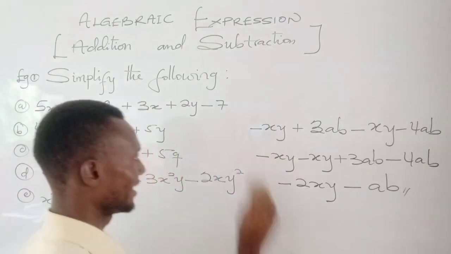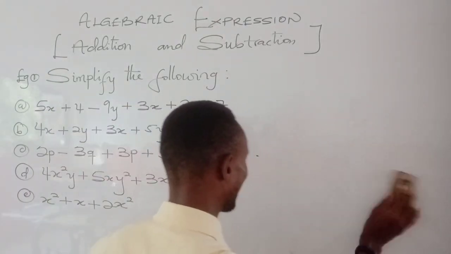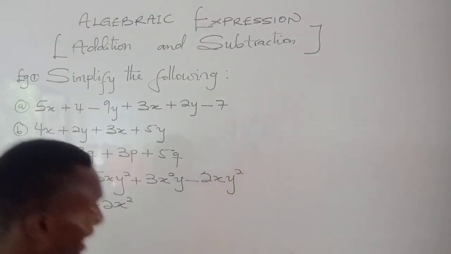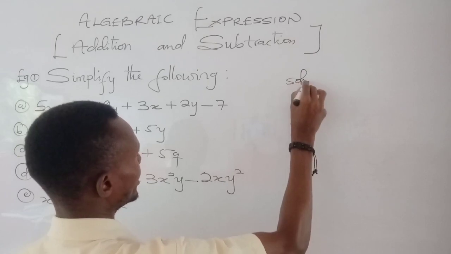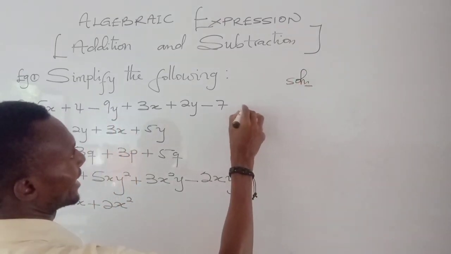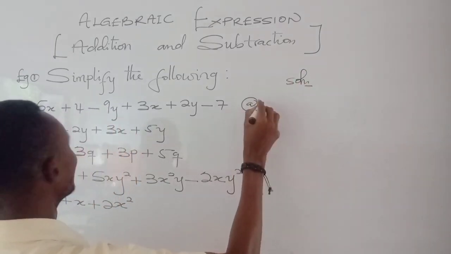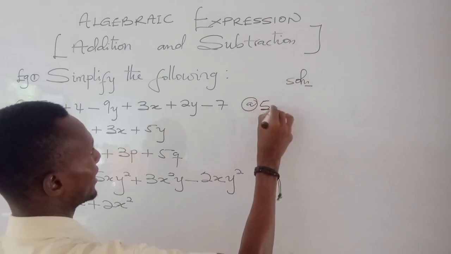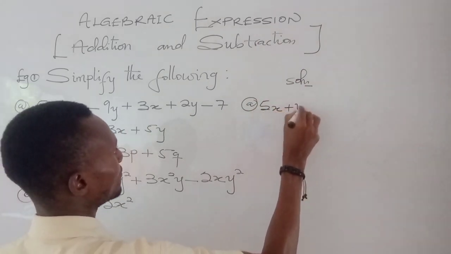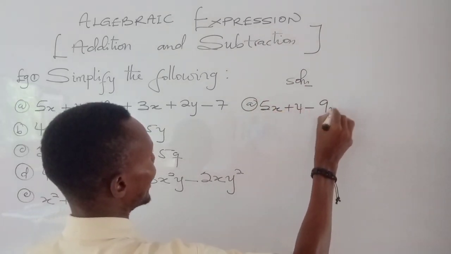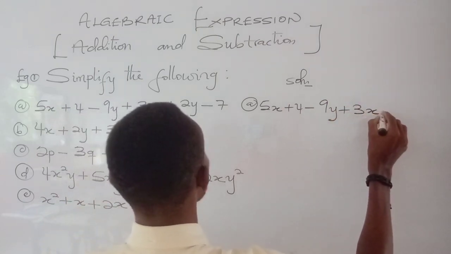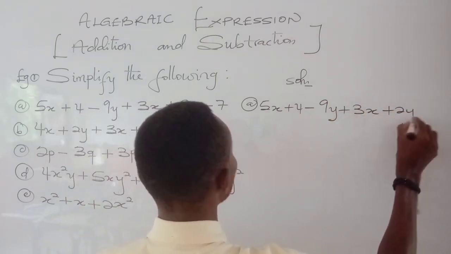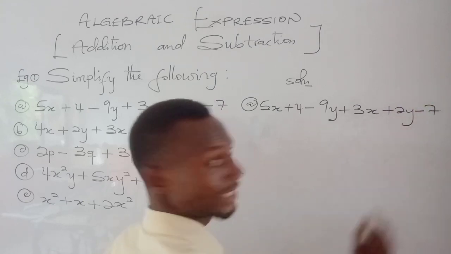I'm going to clean this so that we can have enough space to tackle the examples. Now let me write down my solution and let's start with A. I have 5s plus 4 minus 9y plus 3s plus 2y minus 7.